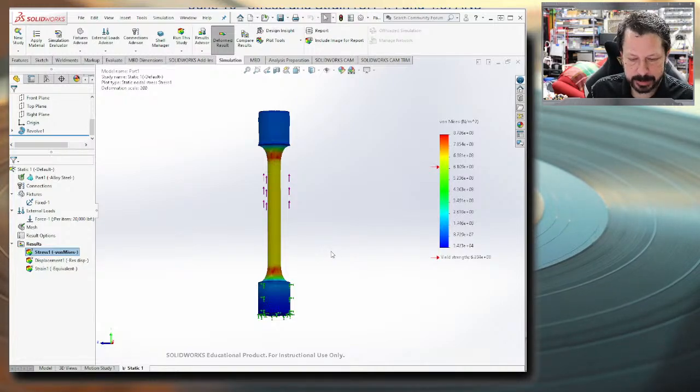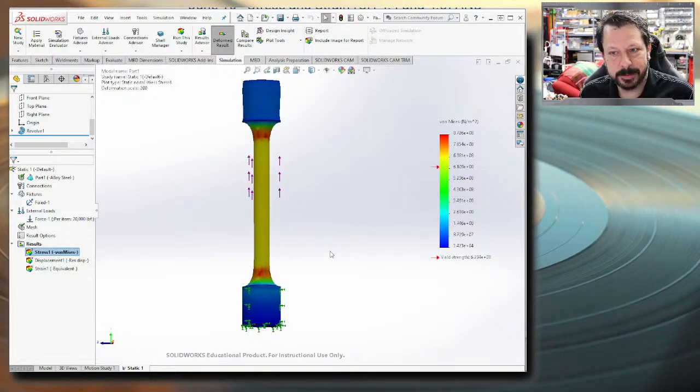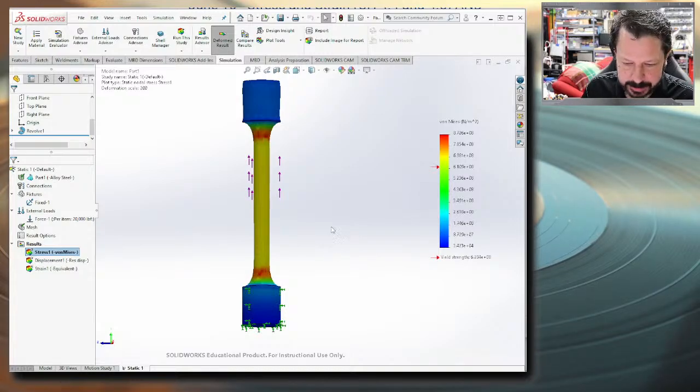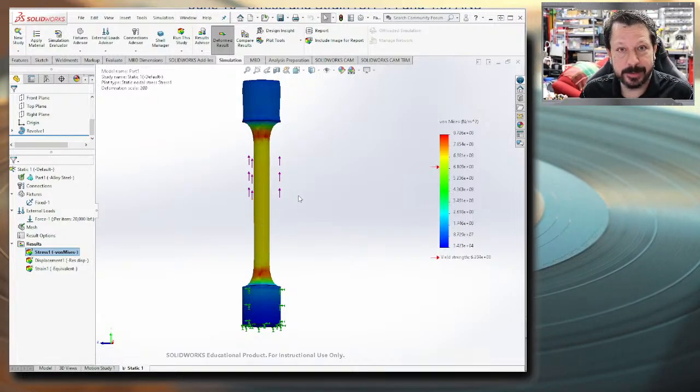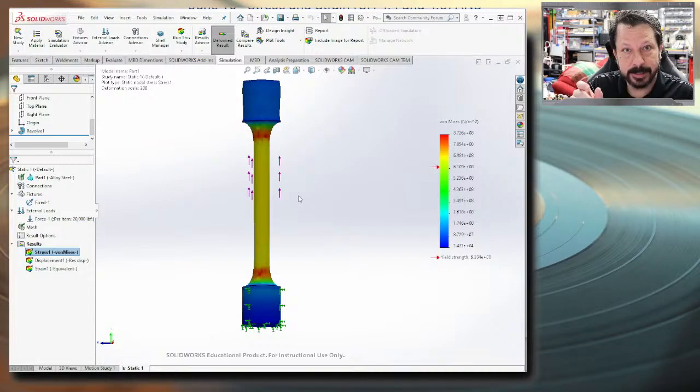I'm not even sure I could make Solidworks do that. I would need something maybe a little bit more sophisticated on the solver. I haven't actually tried that to get it to reduce down in this region in the center part. So it reduces and creates what's called a neck. So it's a thinner part somewhere in that gauge region.